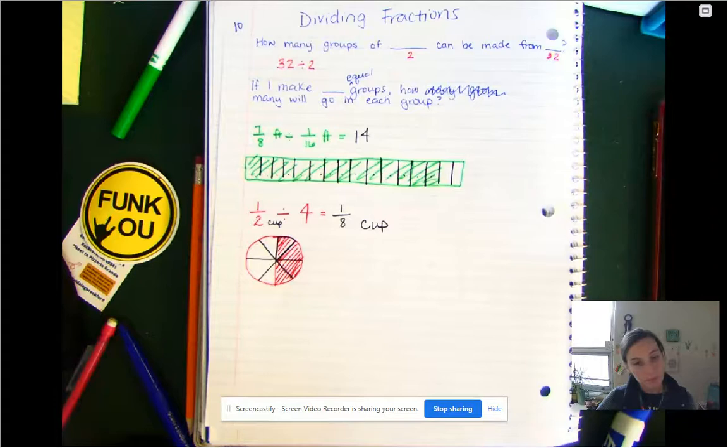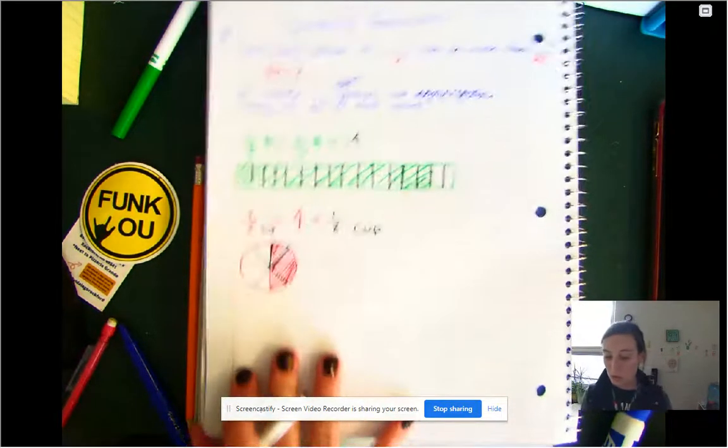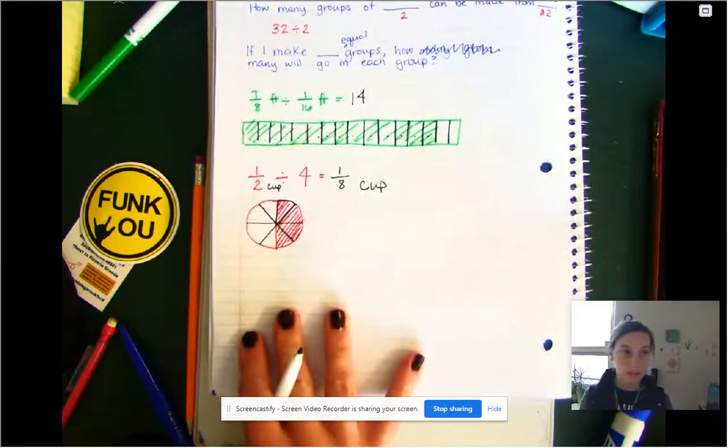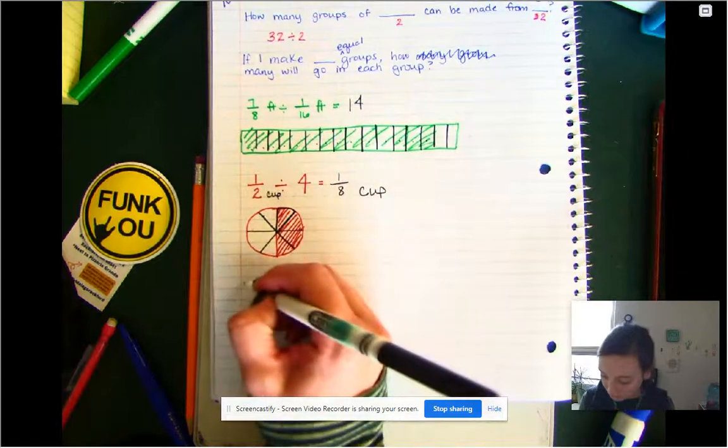That's what we're doing. For today, all the ones you are going to do are going to be ones that you can draw a picture of. So when you get a question, first of all, draw the first fraction.